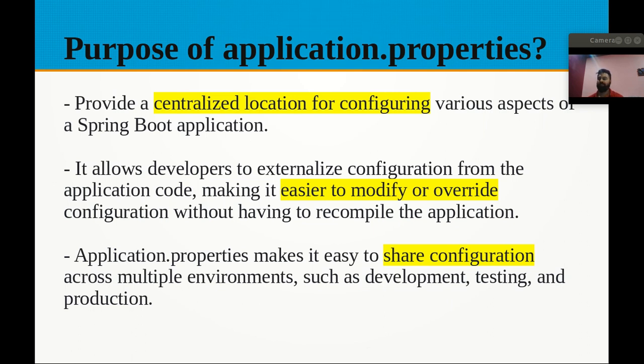So it makes it very easy to modify the defined properties, and it also provides a shared configuration, so you can share the values across the different environments. This is the main purpose of using the application.properties file.